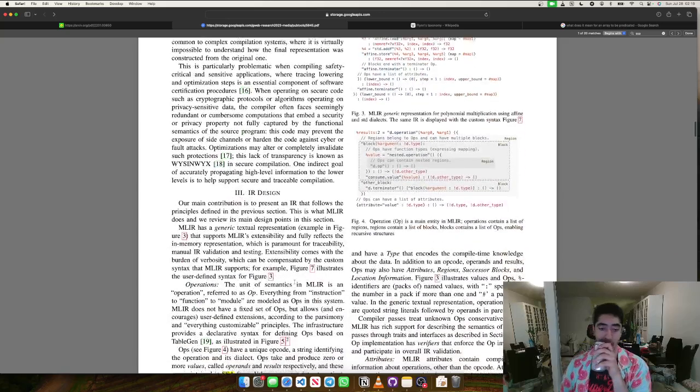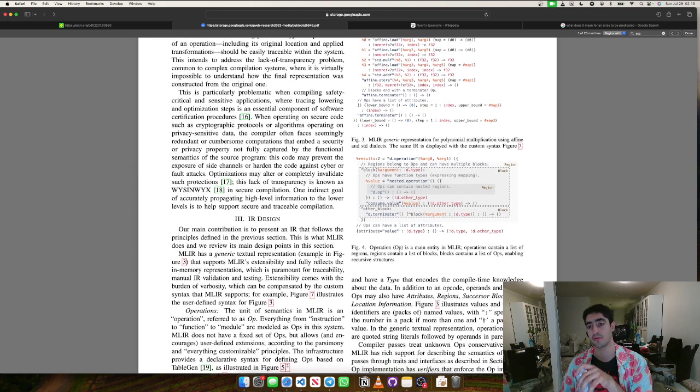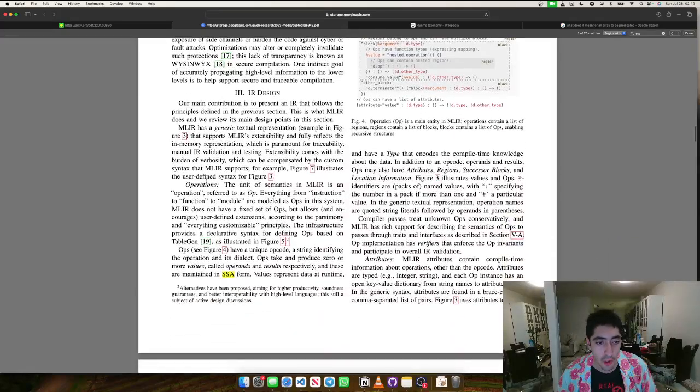Okay, so what happens to this? For example, figure 7 illustrates the user-defined syntax for figure 3. So the other part was the syntax of figure 3. Figure 7 was the syntax for figure 3. Operations, the new unit of semantics in MLIR, is an operation referred to as OP.